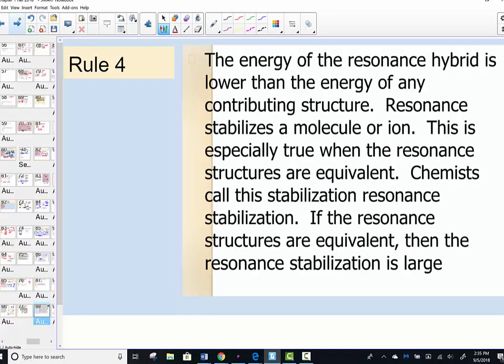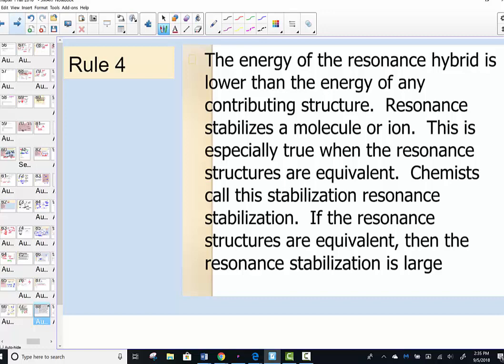The next guideline: the energy of the resonance hybrid is lower than the energy of any contributing structure. So again, the hybrid of all of the separate little pictures, the truth is that it's a blend of all three. And that resonance truly stabilizes the molecule. It makes it a very stable, low-energy compound.